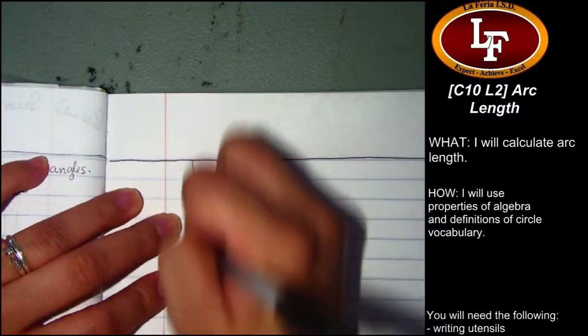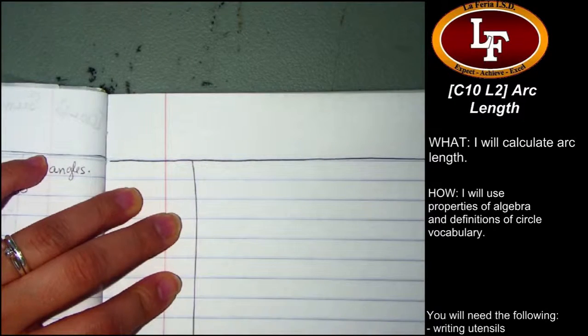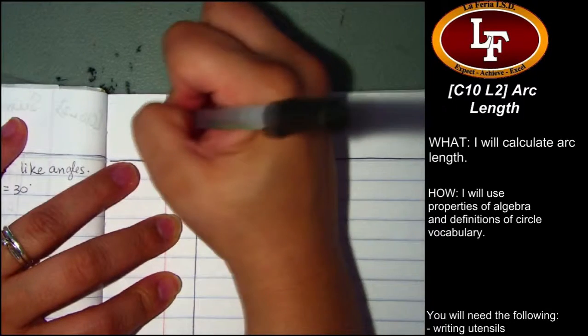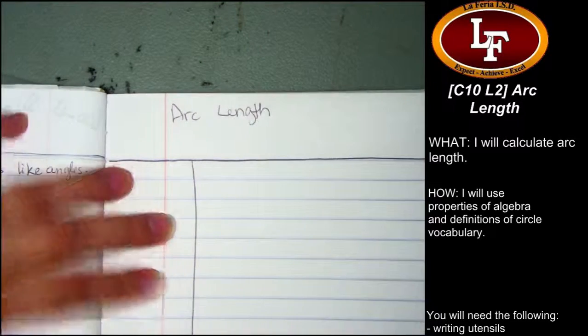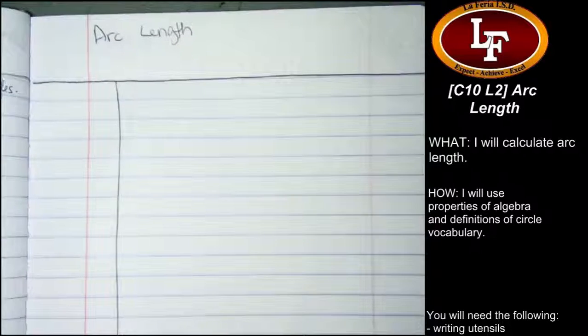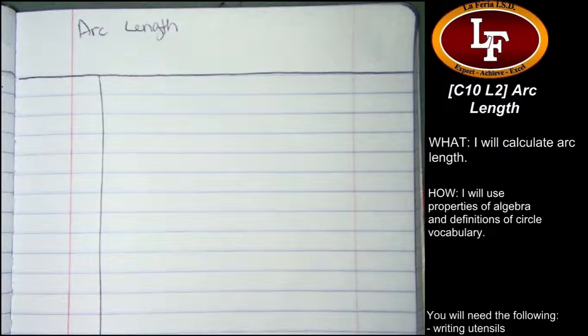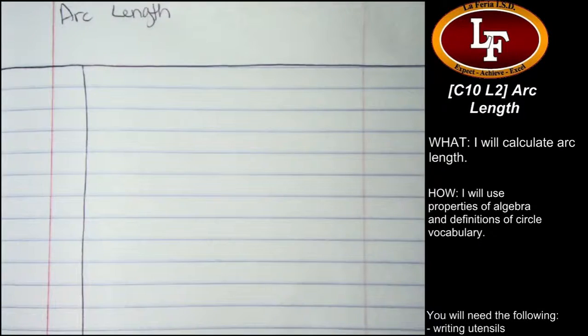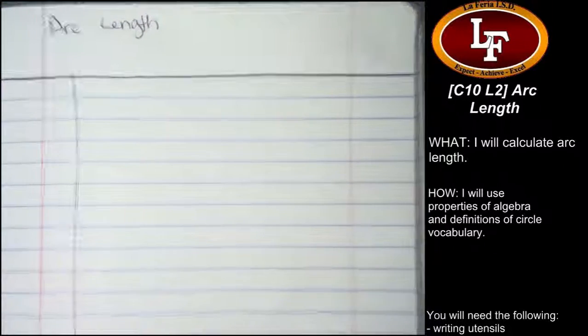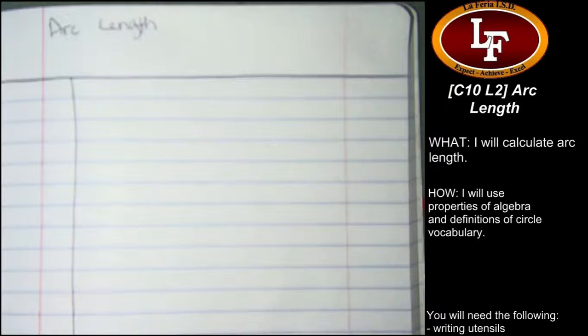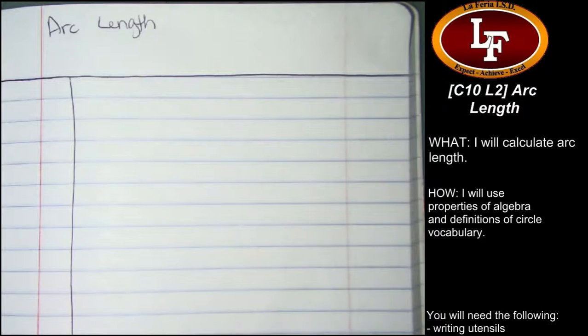But this time we're going to be looking at the length of an arc, the actual physical distance that, say, an ant on a sphere, or I guess a person walking around on the surface of the earth, if we assumed that the earth was completely flat, would trace out going from one point to another along an arc.